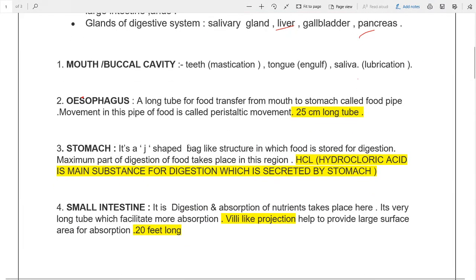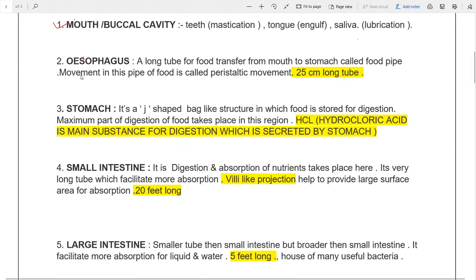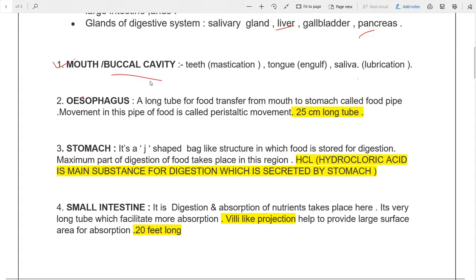Then, what are the functions? First is the mouth. Mouth is also called the buccal cavity; in biological language, we call the mouth the buccal cavity. In the buccal cavity, teeth, tongue and saliva are found. Three things are very important for the digestion process.